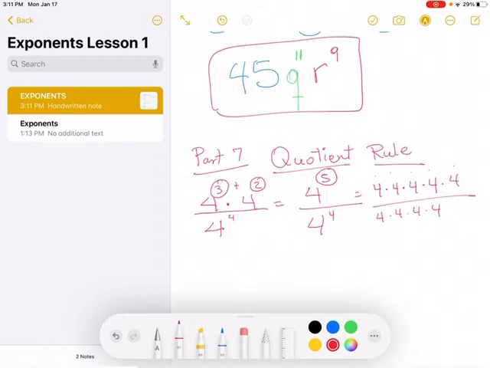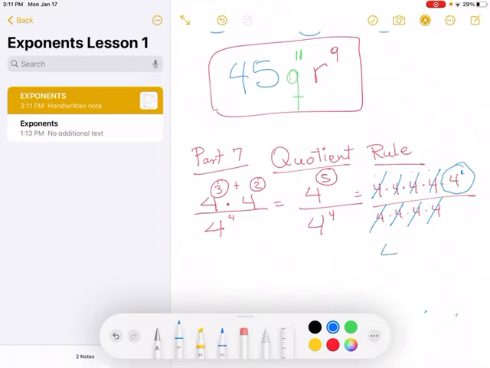Now that I have expanded, we know we can simplify when we have the same number on the top and the bottom. So 4 and 4 cancel out, 4 and 4, 4 and 4, and you are left with one 4.